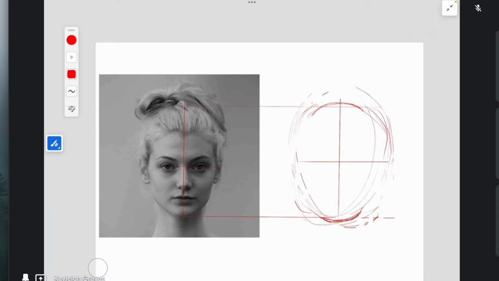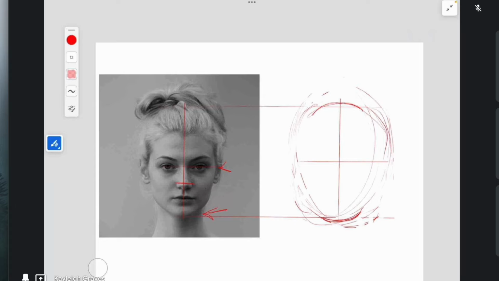So now from there, we're going to start mapping out the rest of the face. From the eyes, from this line here, down to the chin line, our face is split into 3 sections. For the most part, they're even. Sometimes people, like this lady, have a lower nose.